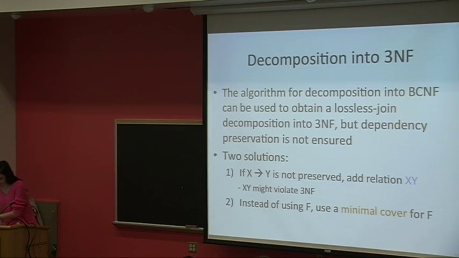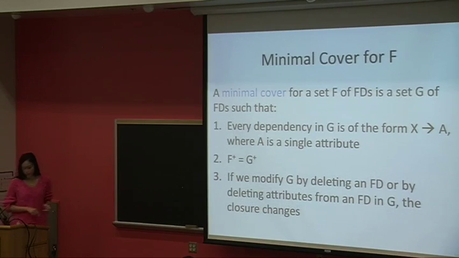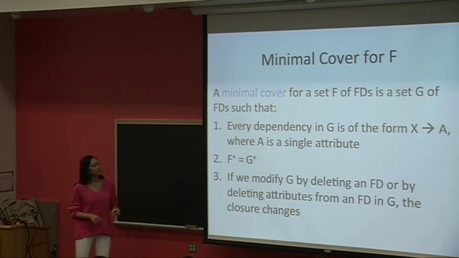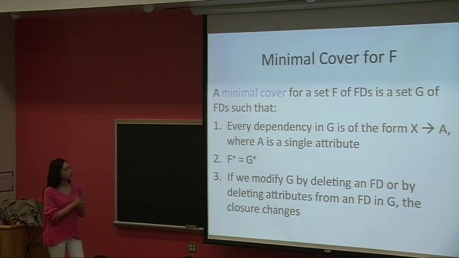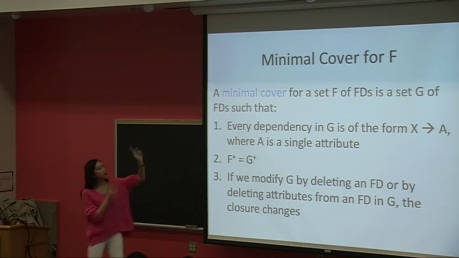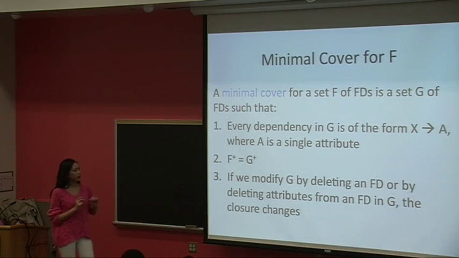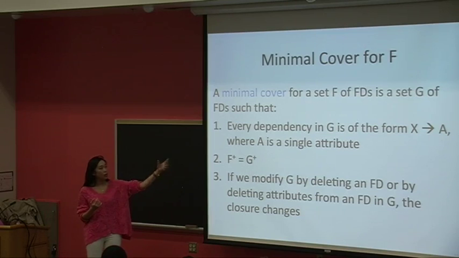What do we mean by a minimal cover? Right here, I'll give you the definition. The minimal cover for F, we normally denote as G. G satisfies that every dependency in G is of the form X determining A, where A, the one on the right hand side, is a single attribute.